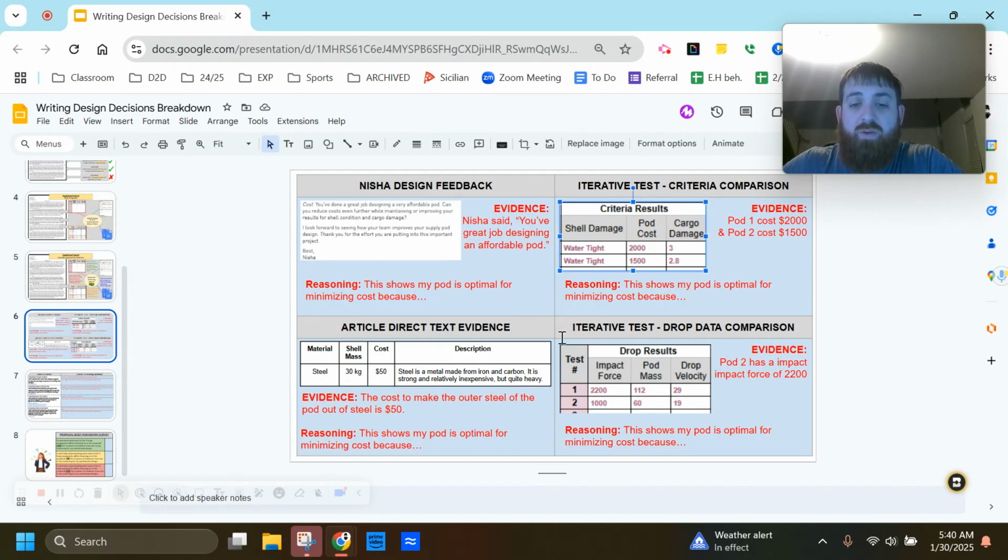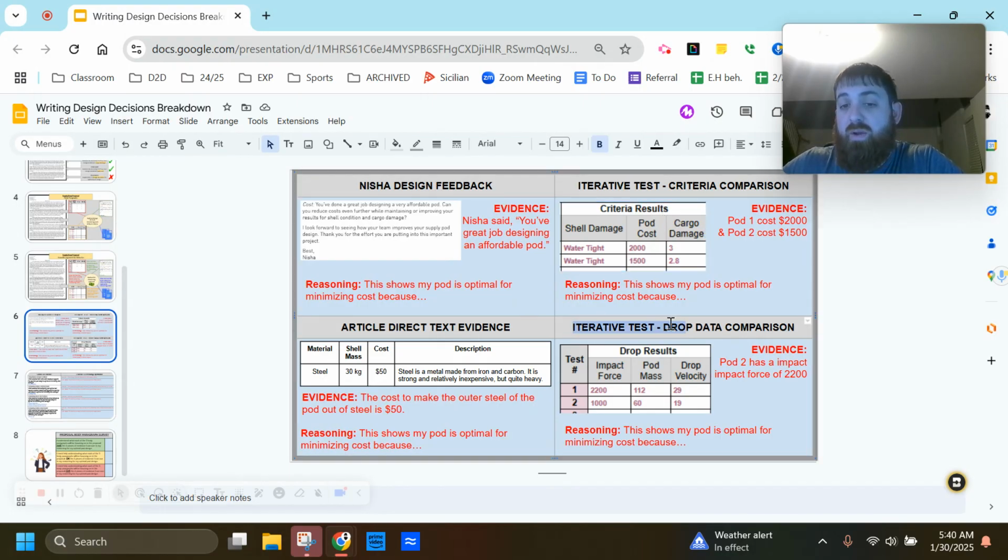Next, we can talk about iterative testing, comparing drop data to other tests as well. And if you notice here, again, we have two different tests, test 1 and 2, where test 2 has the top 1,060 and 19 as the impact force, mass, and velocity. Test 1 has 2,200, 112, and 29.